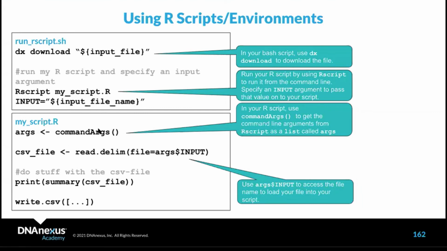Then you can use commandArgs to grab that argument, and use that directly in a command such as read.delim. Here you access that file name with the args$input accessor. We've loaded it in as a CSV file, and then we can do whatever we need to. We can even write a CSV file out and do whatever we need to do with it.